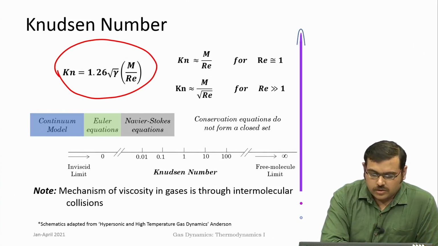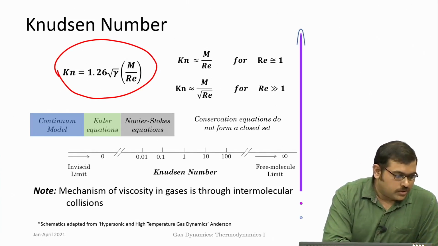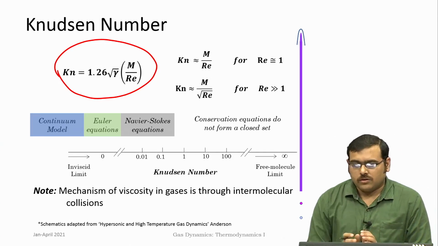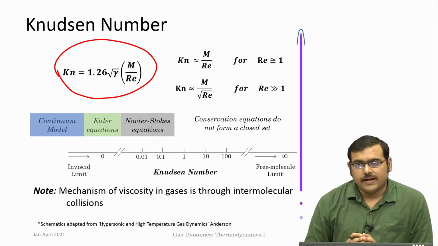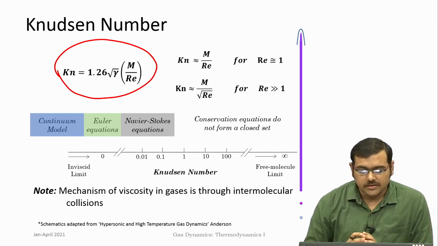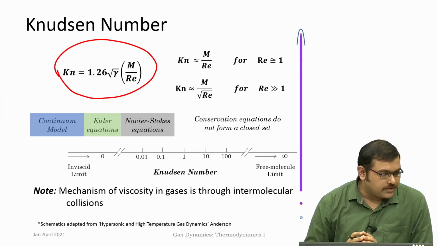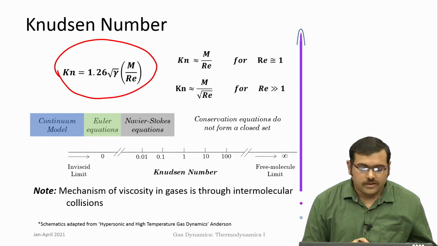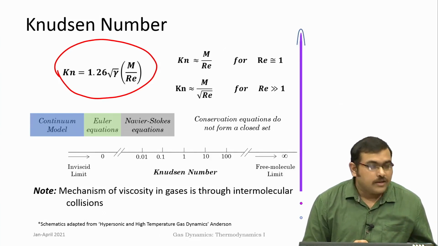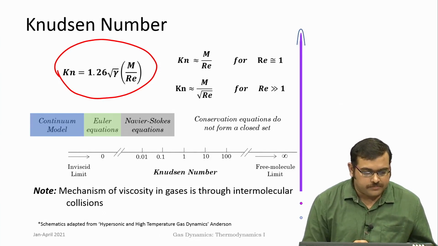So when looking at gas dynamic flows in various applications, carefully look at the Knudsen number so that you are sure that you can apply continuum based analysis for your problem.